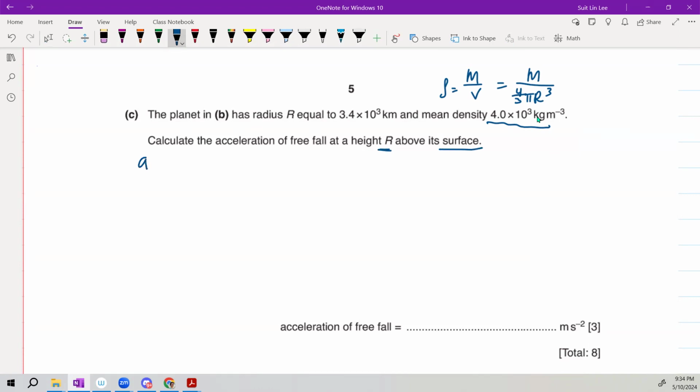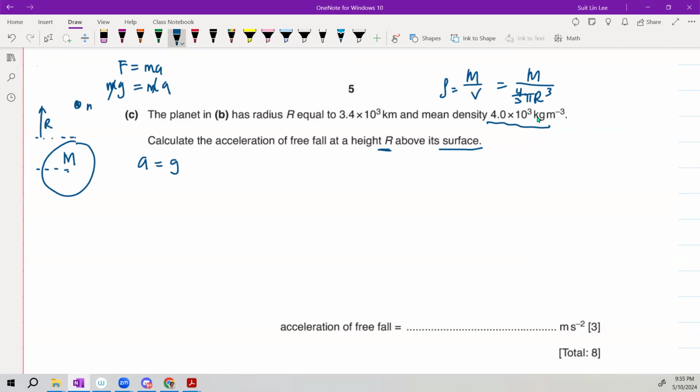So acceleration of free fall is equal to g, because F equals ma, and the force is mg, which is ma. In case you don't know what M we're talking about, this is my planet, capital M. We are measuring the radius R from the center. Oh, but it's R above the surface.